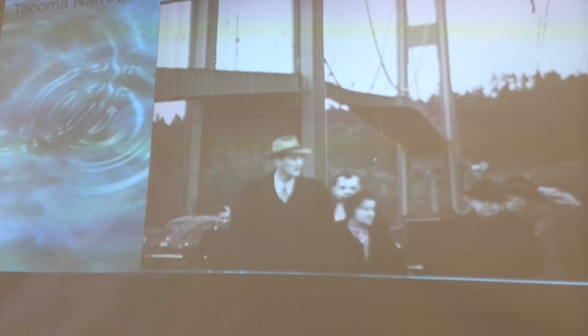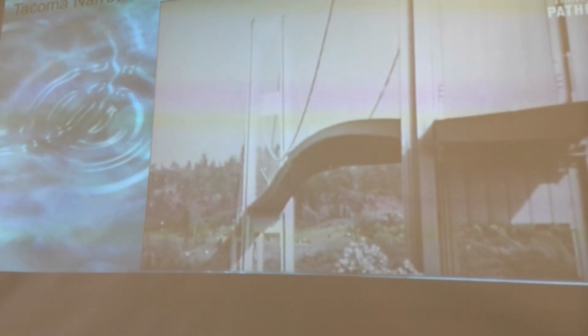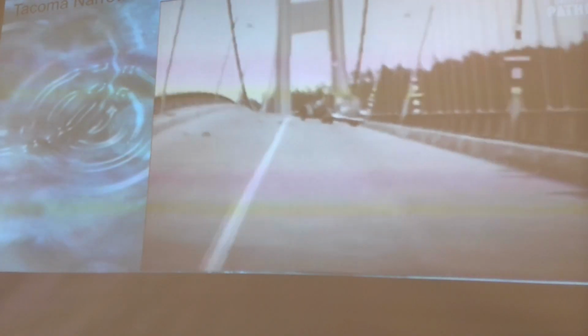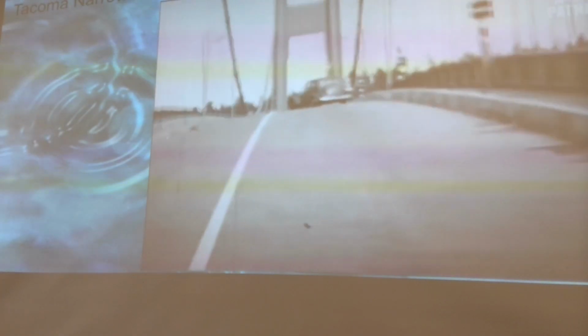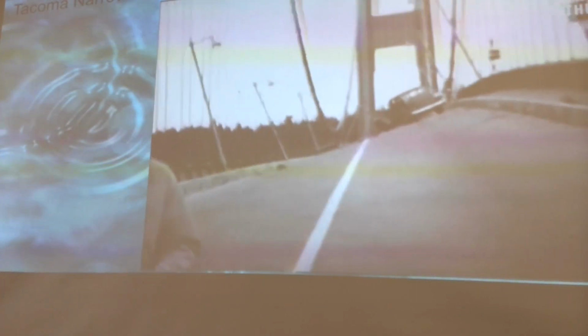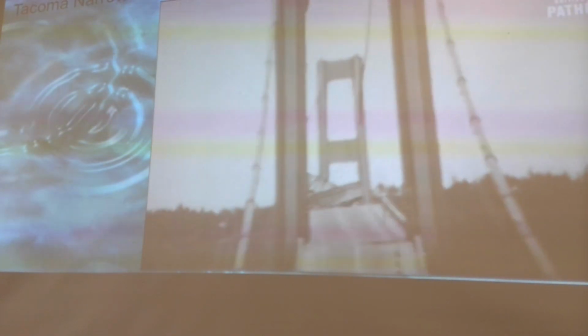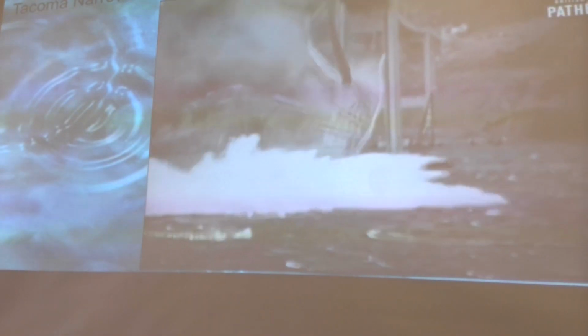Only a 35-mile-an-hour wind is blowing, but this apparently sets up a rhythmic swinging of the bridge, which increases with each swing. Finally, the swinging road and the suspension cables give way and plunge into the water below.